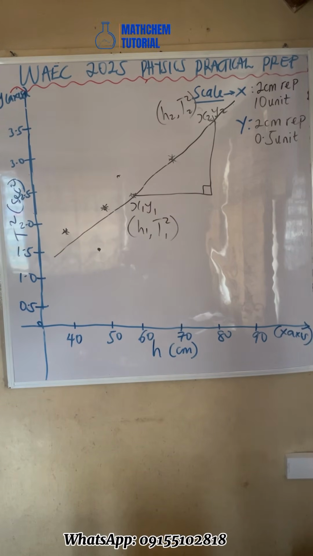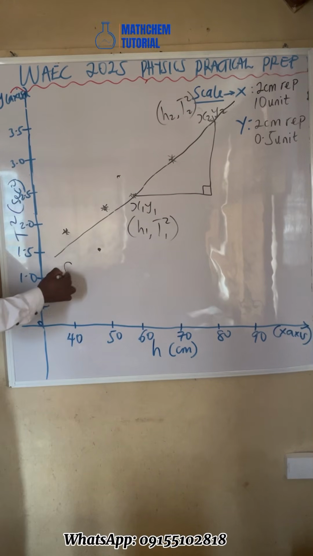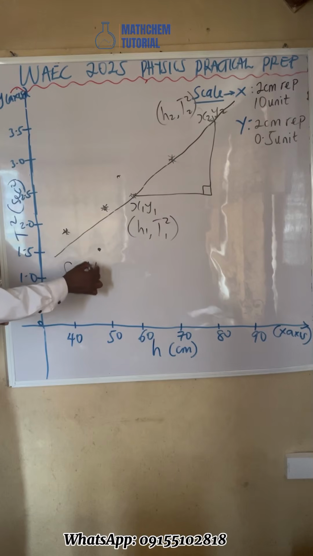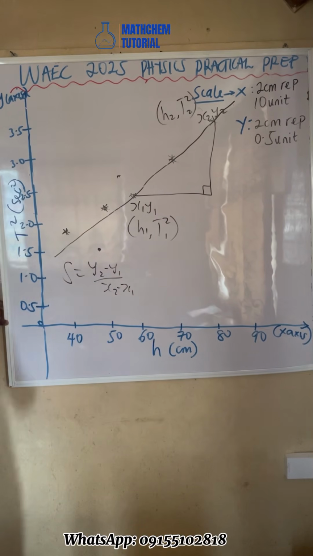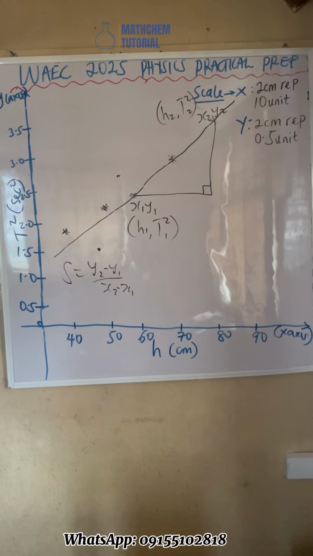The meaning of slope simply means gradient. So what is the formula for slope, or gradient? S equals y2 minus y1 over x2 minus x1. But remember that we are not using y and we are not using x. So what is our y? T square. As you can see, y is t square.